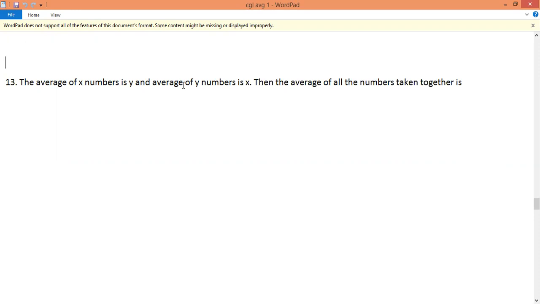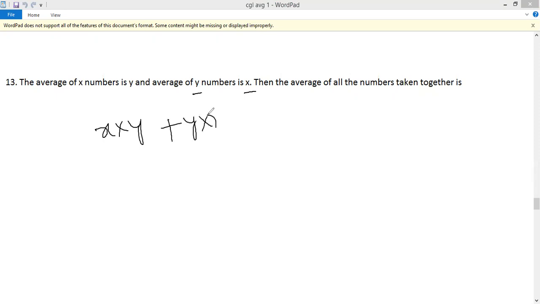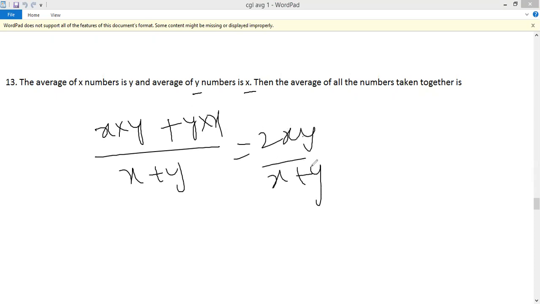X into y. 2xy by x plus y, right? You can do right. All these are simple questions only. What is the sum? X into y. Here also y numbers are there. Average is x, so y into x by how many numbers? X plus y. So 2xy by x plus y. This is the answer.